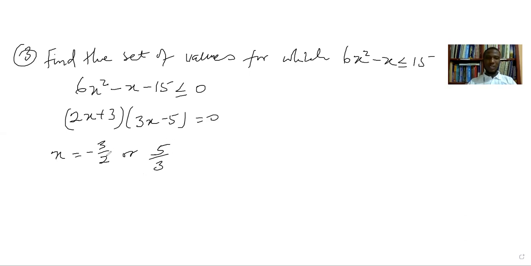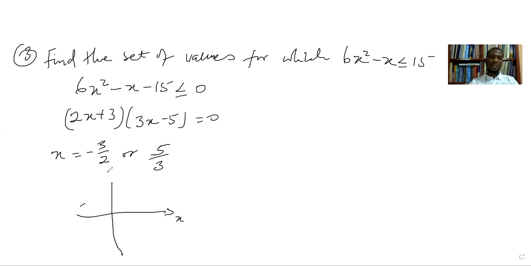Good. So again, this is step 1. This is going to show us where the graph will cut the x-axis.